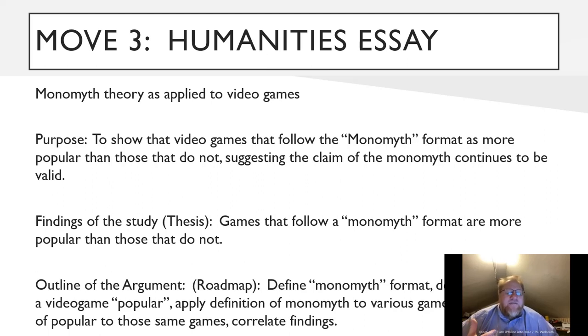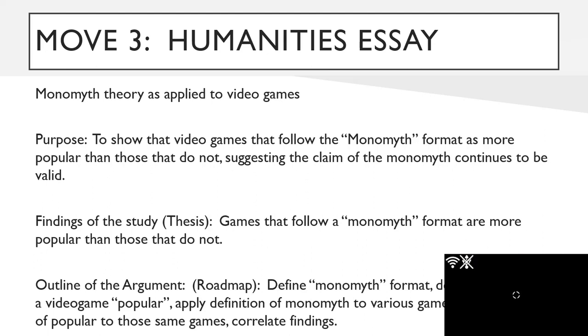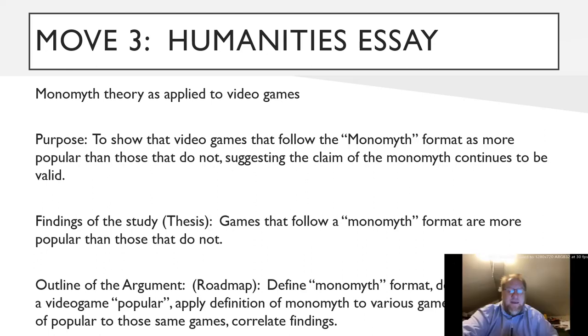So I say, all right, I've got to define the monomyth format. I've got to define what makes a video game popular. Then I apply the definition of monomyth to various games. I apply the definition of popular to the same games, and I correlate all of my findings. All right? So that's it.